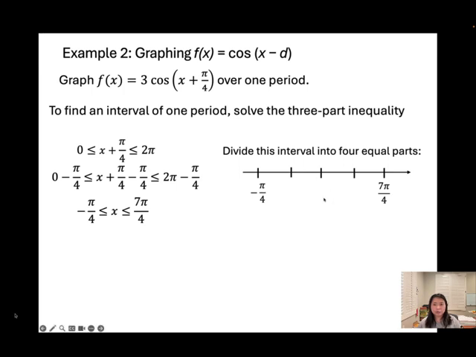Okay, finding the middle one. Add it up, divided by 2. You should get 3 pi over 4. Okay, try to find these 2 points.